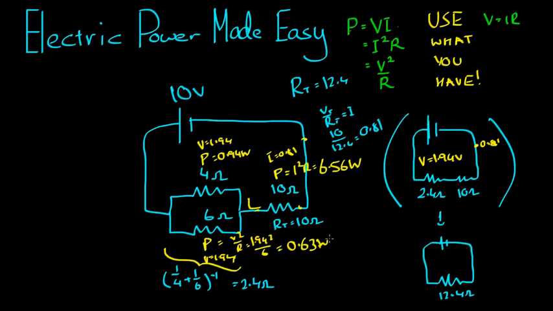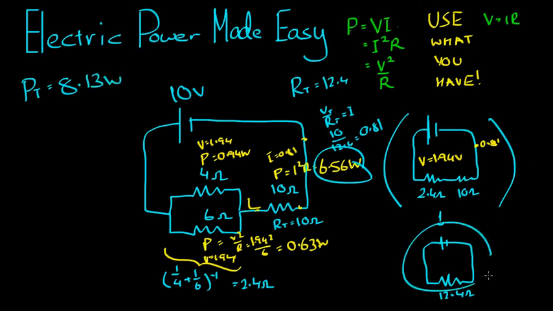And the one tip to take away is that if you want to check your answers, add up the power from each component. So here it was 0.94, 0.63, 6.56. That comes to a total of 8.13 watts. Then I can go back here and say I did find that there was 0.81 amps flowing through here with 10 volts.